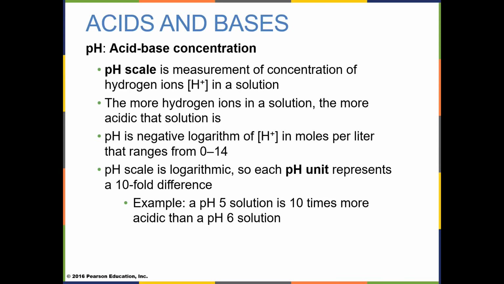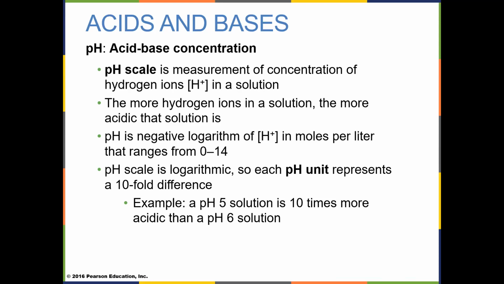So with this logarithmic scale, every time we move down the scale or up the scale, it's a 10-fold change. So 5 is 10 times greater than 6, 6 is 10 times greater than 7, 1 is 10 times greater than 2, and 100 times greater than 3, and 1,000 times greater than 4, and 10,000 times greater than 5, and 100,000 times greater than 6, and 1,000,000 times greater than 7.